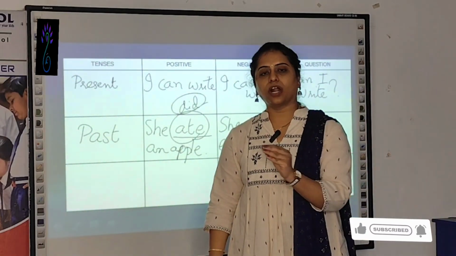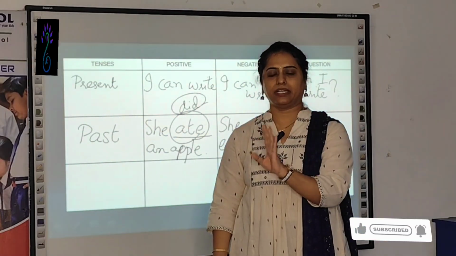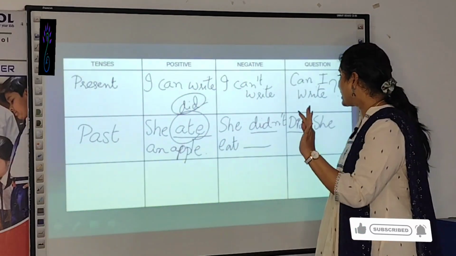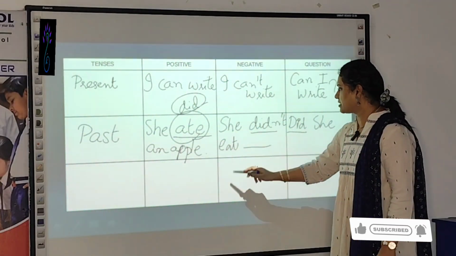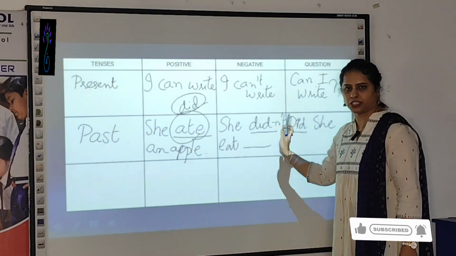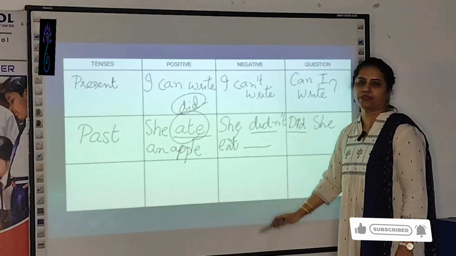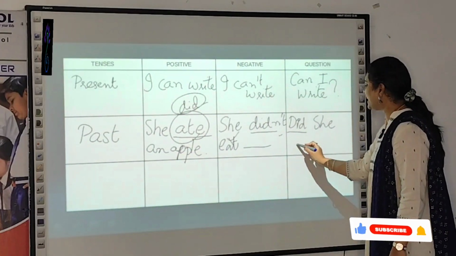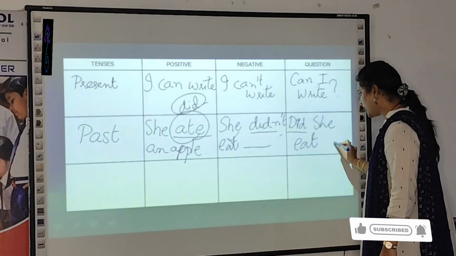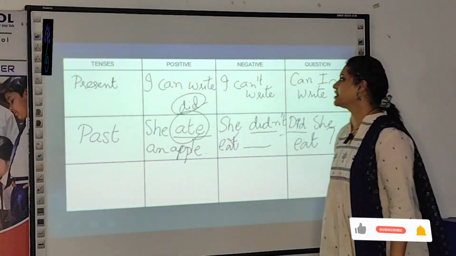They'll say I did not wrote, not wrote. It is right. I did not write. I did not eat. You should not write I did not ate. Past ki past malli past double past aitadi. Past ki malli di add cheyakudu. This it should be in V1 form. She did not eat. Ikkada did she eat? Did she eat an apple? Question mark. Got it? Continuous tense choosam.